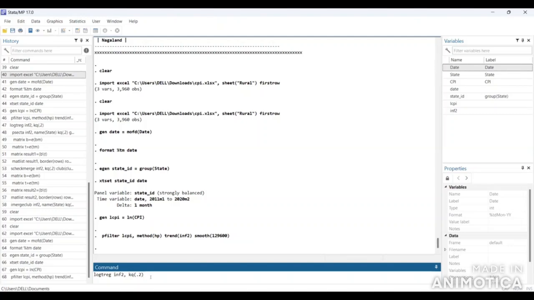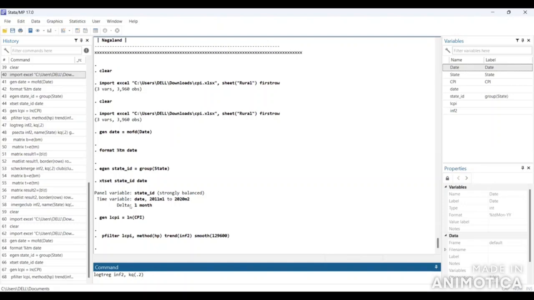The Phillips and Sul method suggests that when the sample size is less than 50, we should discard one-third of the observations, but when the observations are greater than 100, we can keep this discarding parameter at 0.2.